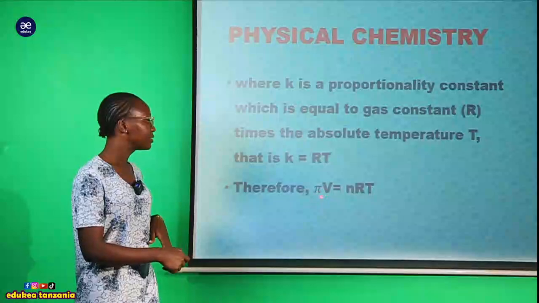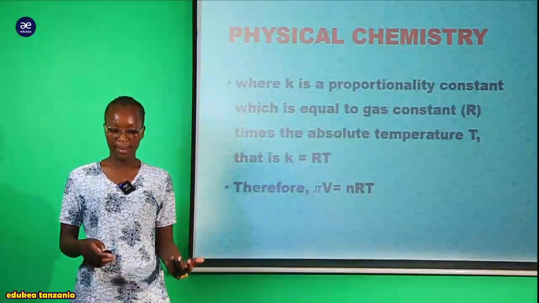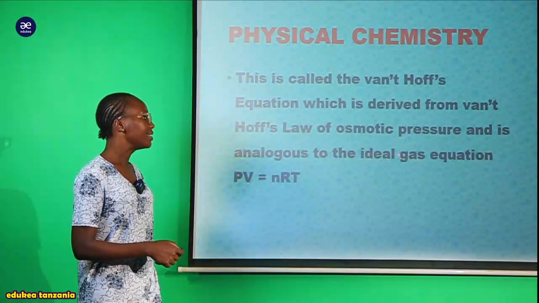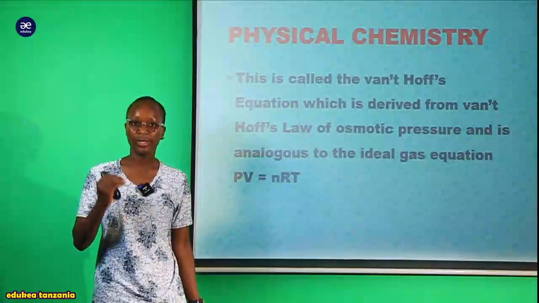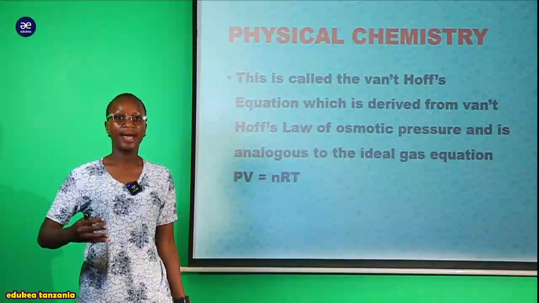Kwa hiyo hii ndo equation, na hii equation tunaambiwa kwamba it's analogous to the ideal gas equation. Ideal gas equation tunaijua, obviously we are talking about PV is equal to nRT.